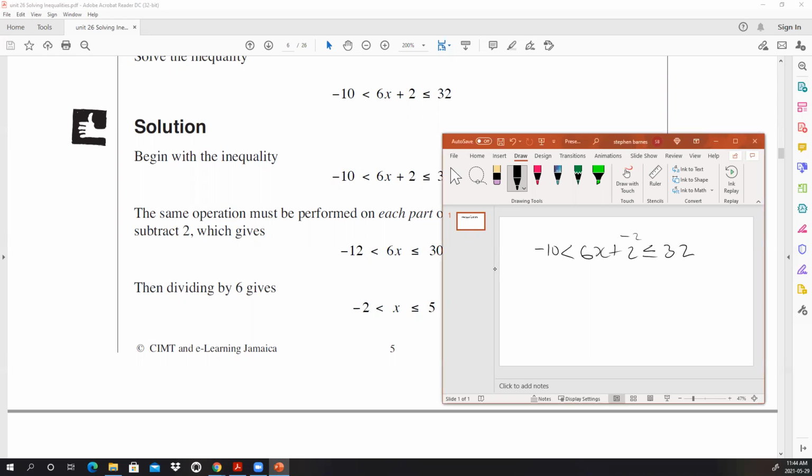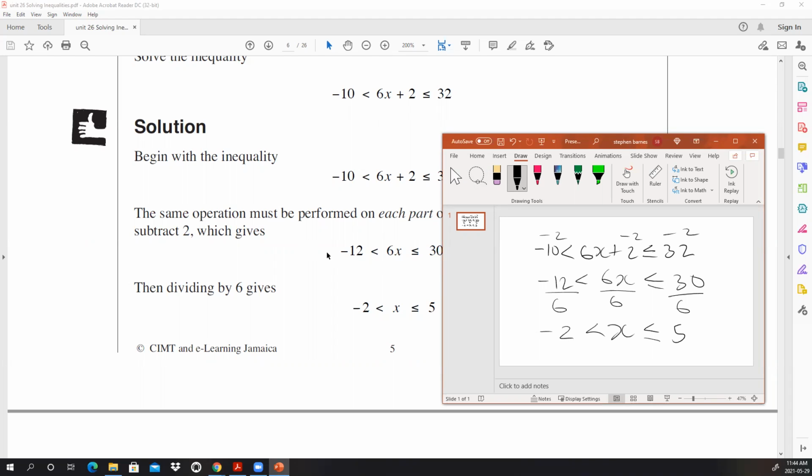So you subtract 2 from here, 2 from here, and 2 from here, and you're left with 6x. So you have it looking like this. And then you need to get x by itself, so you divide all sides by 6. You get minus 2, you get x by itself, and you get 5. So that's how it's done.